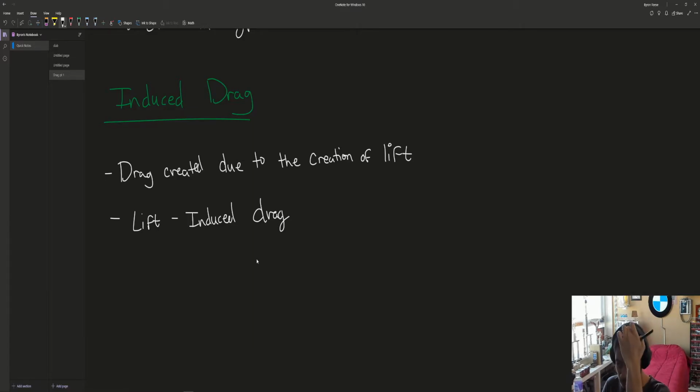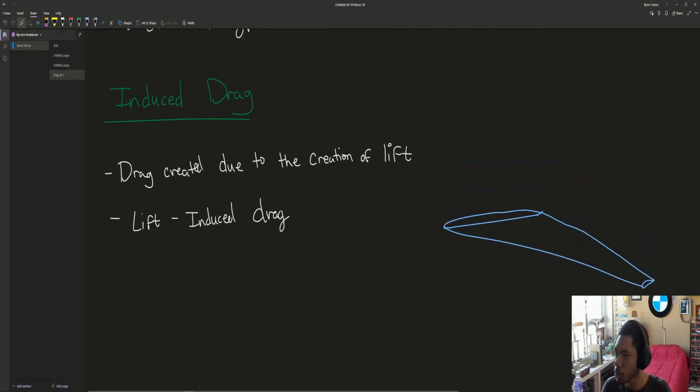Alright, lift-induced drag. So, first let's go and take a look at a wing. Look at this, a skinny wing. Alright, here we go. So here's our wing.